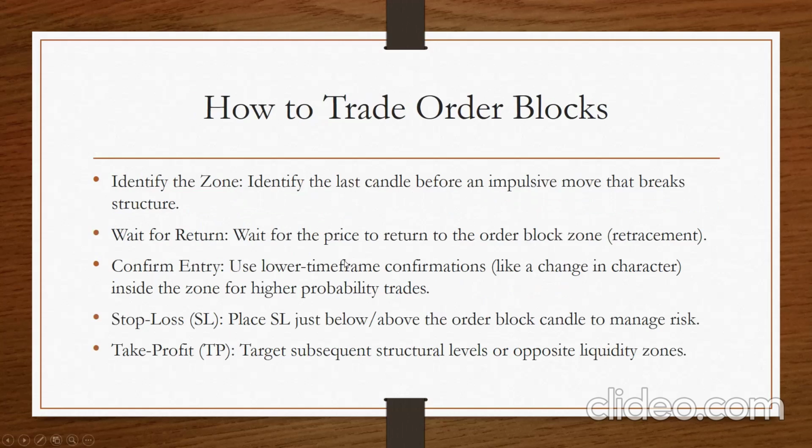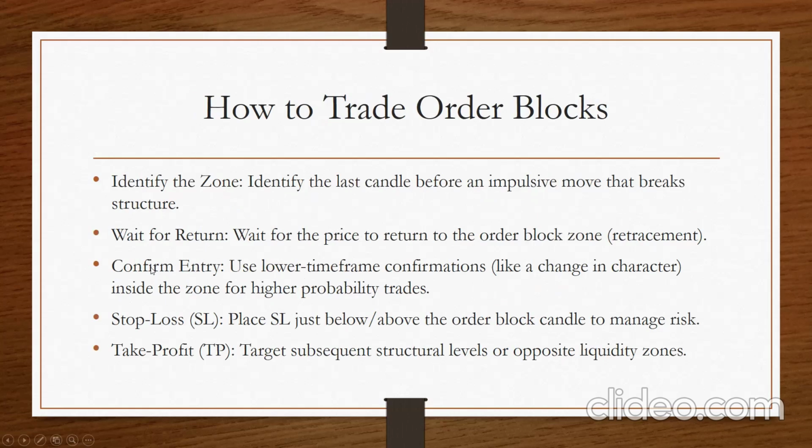Now, how do we trade an order block? So first identify the zone, identify the last candle before the impulsive move that breaks the structure. Okay. Wait for it to return. Like I said, we will look at the practical aspects. So when you identify the order block, wait for the market to return to the block.